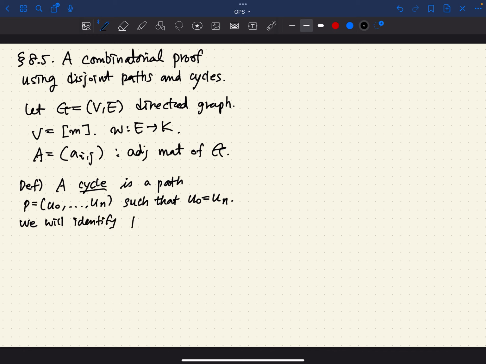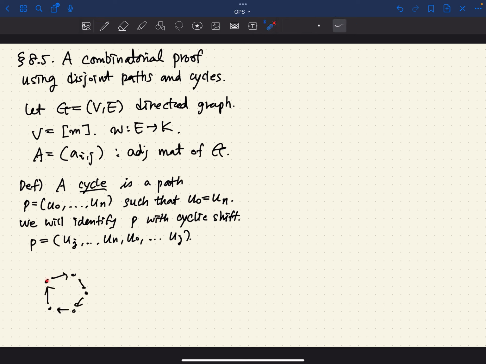Let's say P is identified with its cyclic shift, meaning P should be considered to be the same thing as u_j through u_n, u_0, and u_j. I shift them like this. So in other words, if this is a cycle, this cycle must be considered to be the exact same thing, we're going to treat them equally.